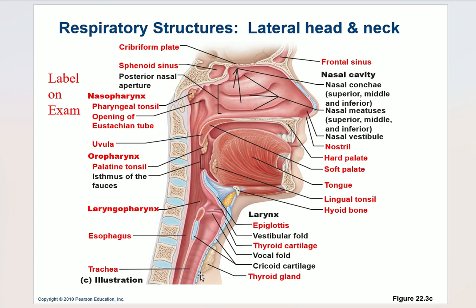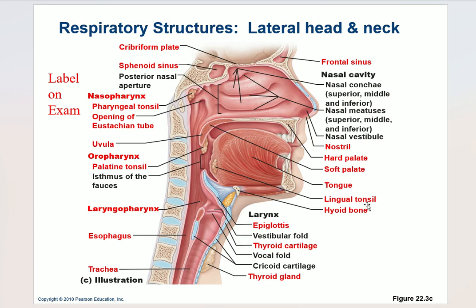It makes sure that your windpipe doesn't get food or liquid particles into it, so you don't choke. So the epiglottis covers the hole that leads to the trachea, which is the tube to the lungs. So don't get the esophagus confused with the trachea. The esophagus goes down to the stomach, the trachea goes to the lungs.